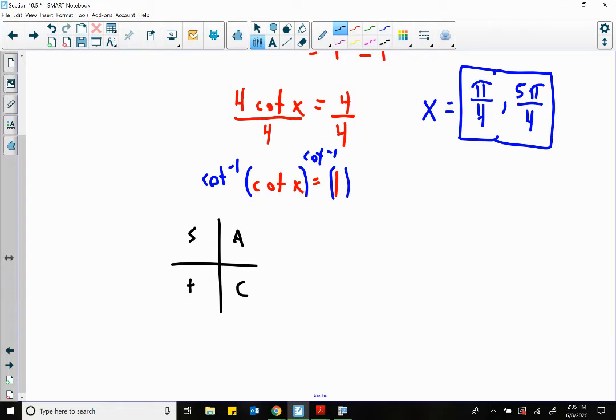Capital A is quadrant 1, and right here, the T as in take means tangent and its reciprocal cotangent. These are the 2 quadrants where they are positive.